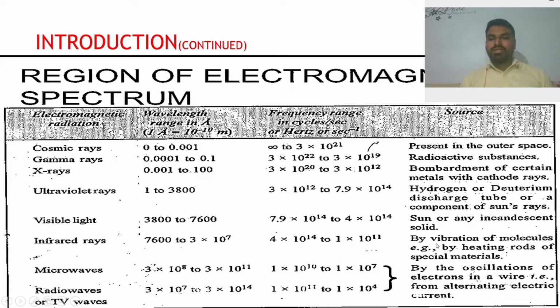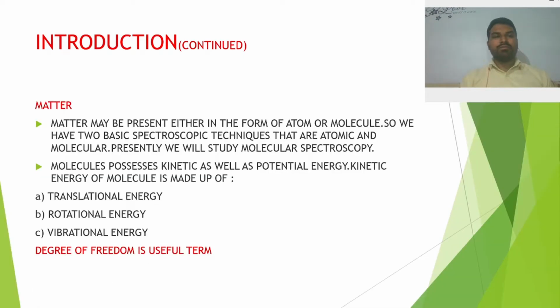Infrared rays come from vibration of molecules, for example by heating rods of special materials. Microwaves and radio waves have a similar source, the oscillations of electrons in a wire from alternating electric current. These are the sources, the wavelength range in Angstrom, and the frequency range in cycles per second, or hertz, or second inverse.